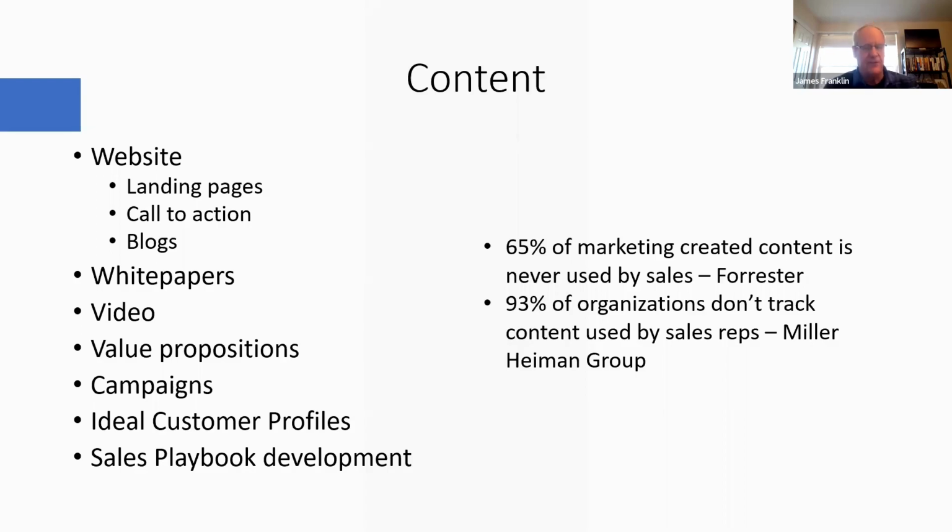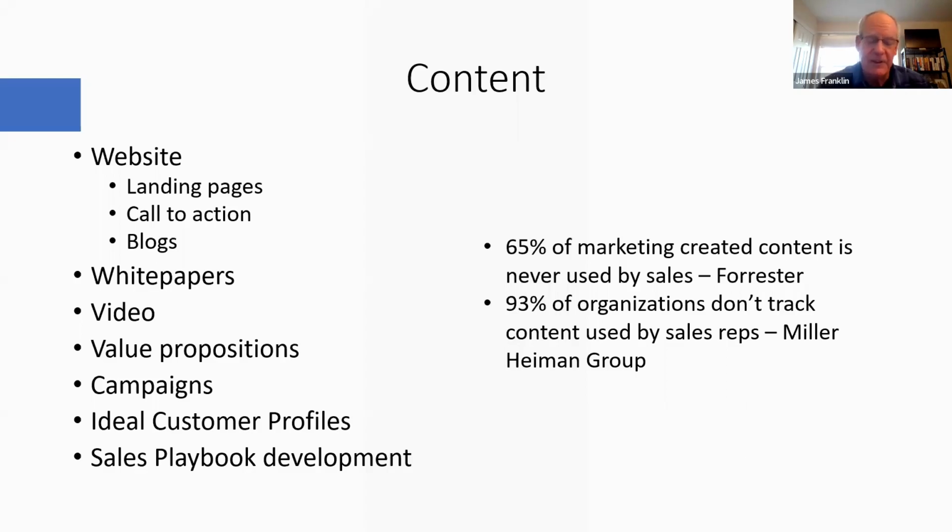That stands for sales development representatives, sorry. They need those talk tracks, right? Campaigns. What's your outbound campaign? What's your inbound campaign? What are your omnichannel campaigns? How do you measure against that, right? What are your social media campaigns? And then marketing is also responsible for your ideal customer profiles and your sales playbook development.